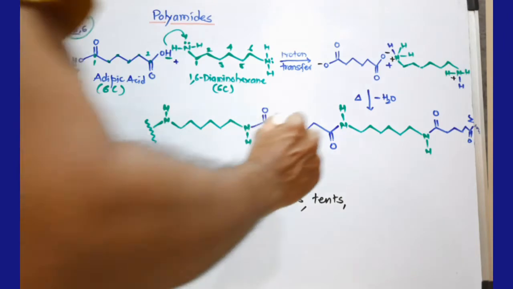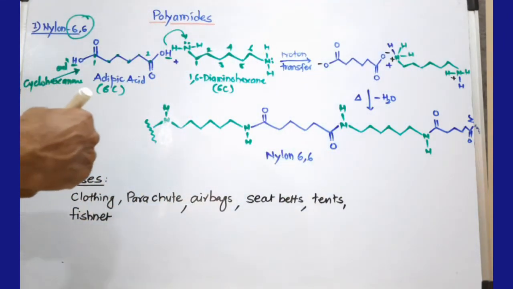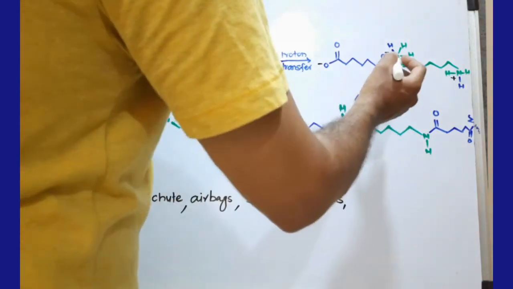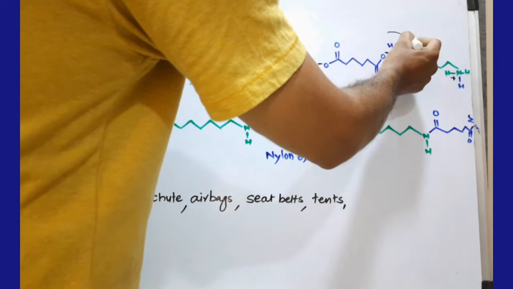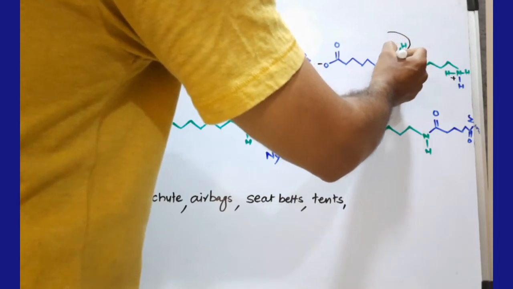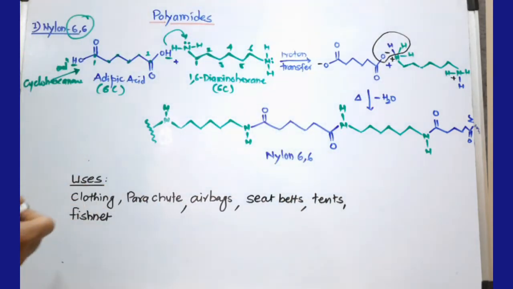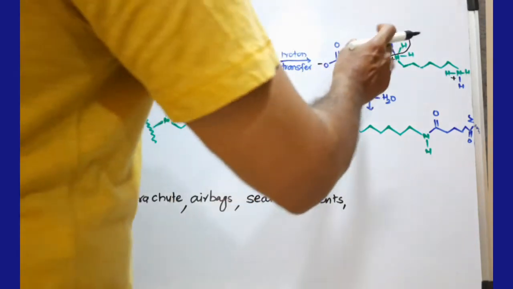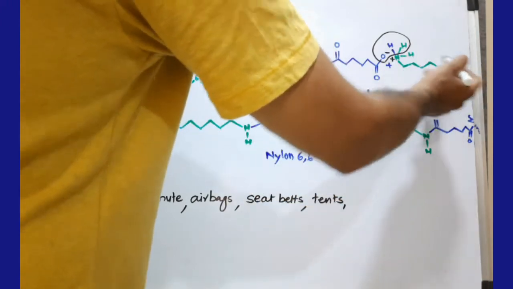After that, elimination takes place. Elimination means we just remove a water molecule. For the water molecule we need H2O, so the 2 hydrogens are taken from the diamino compound, and we break to form H2O from both ends.